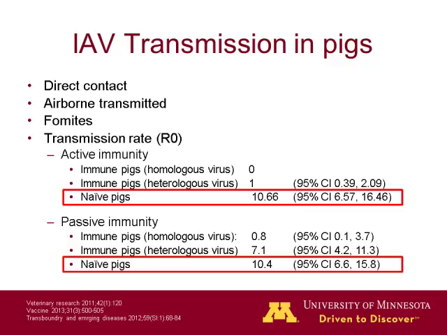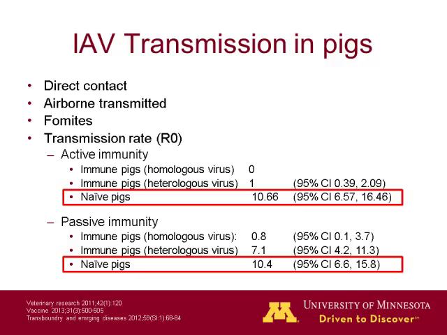In a naive population, this R0 is pretty high, meaning that once an infected pig gets into a naive population, the infection is going to spread really fast. But with different immune status, that R0 is going to change. If the R0 is greater than 1, the infection is going to spread out. If it's lower than 1, the infection is going to die out.